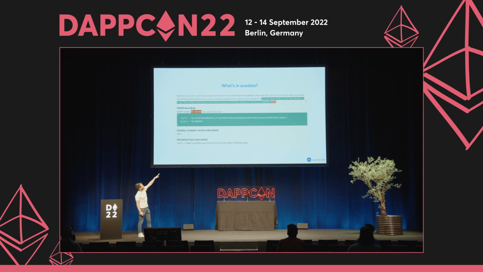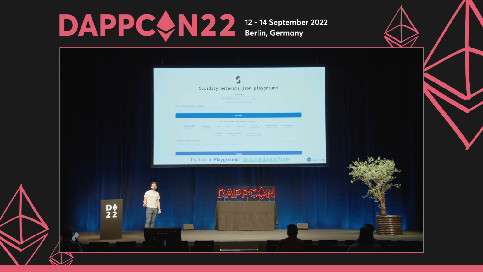This one is hex encoded, this one is IPFS encoded. And if you are more curious and want to see this in action, we have a playground at playground.sourcify.dev. Here we also have provided some example contracts that you can check. And even if there's a contract that is deployed, you can get the address and see how the aux data of this contract is working.